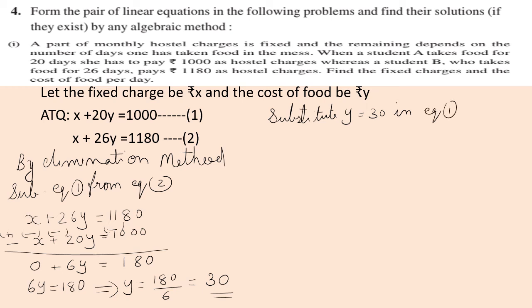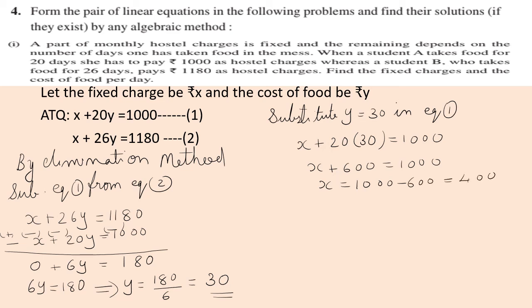I am substituting in equation 1, that is x plus 20y, y means it is 30, equal to 1000, x plus 600 equal to 1000, x equal to 1000 minus 600, that is equal to 400. So you are getting x equal to 400.